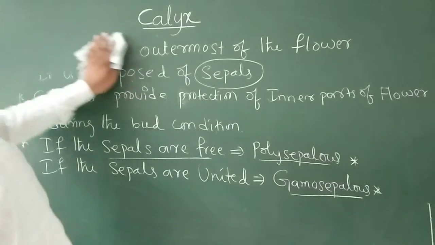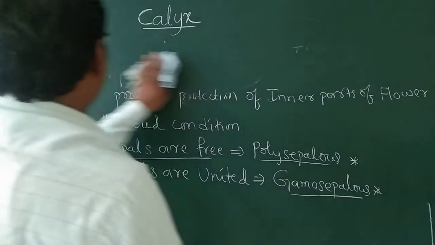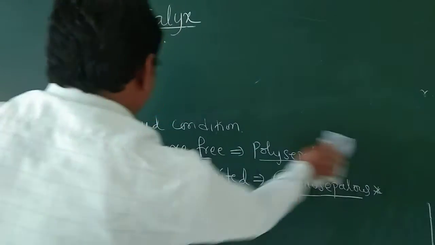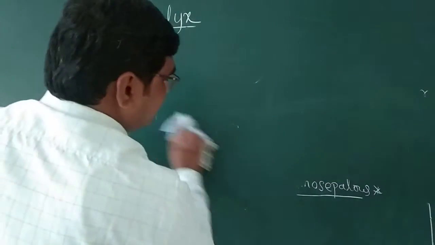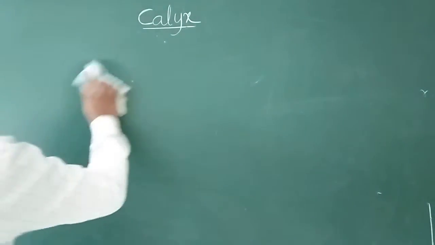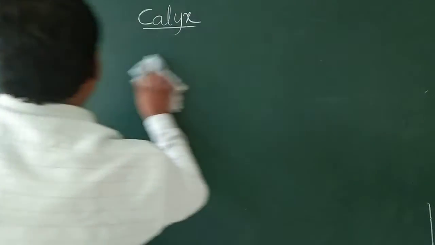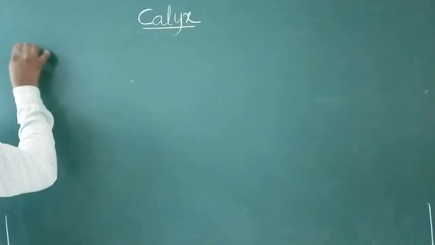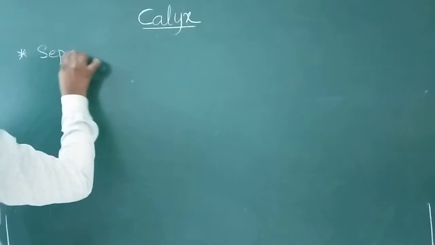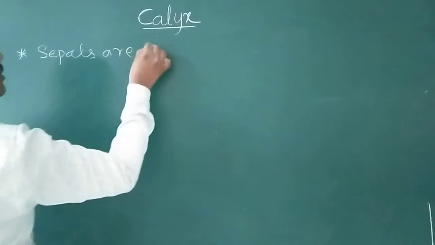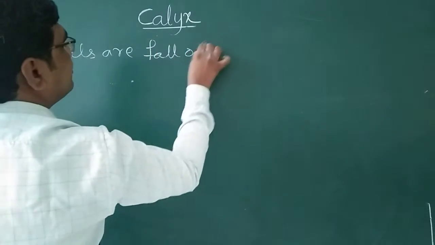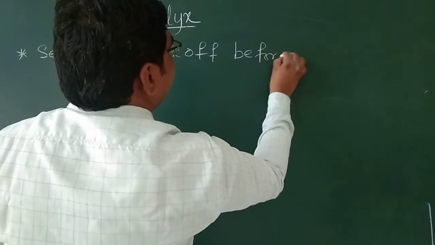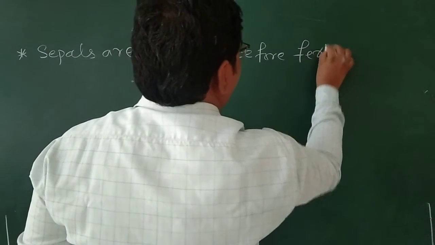Generally the calyx falls off after fertilization. Here, see, in some flowers sepals fall off before fertilization.